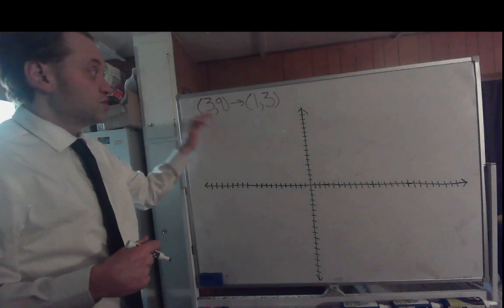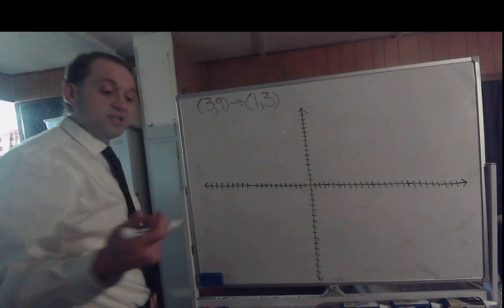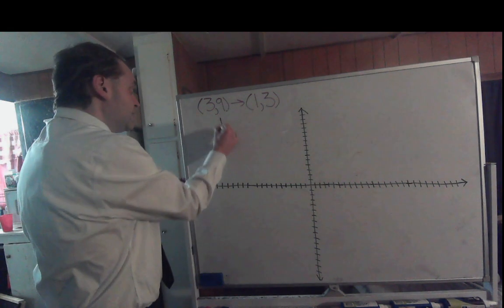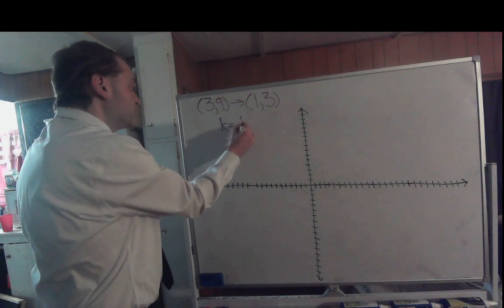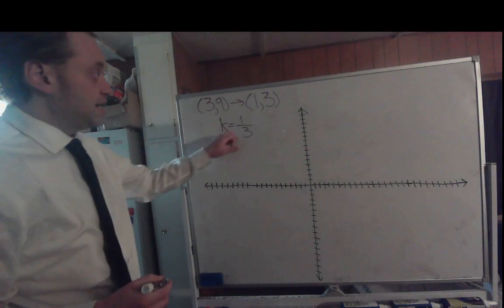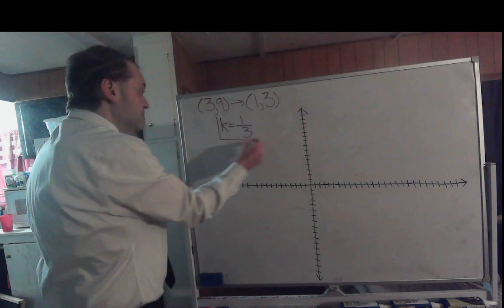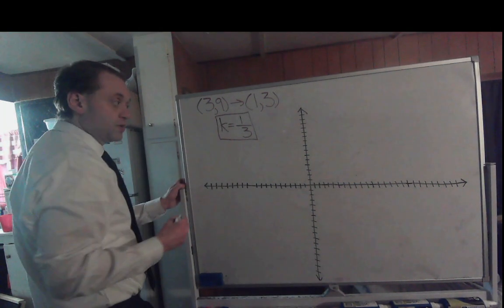Which means you multiplied everything by 1/3, right? Because when you divide, you multiply by the reciprocal. So your scale factor in this case is 1/3. So 3 times a third is 1, 9 times a third is 3. So yes, you would get a scale factor of 1/3.